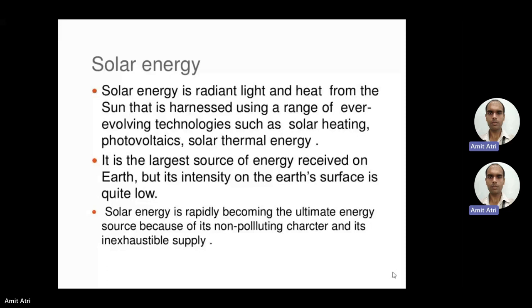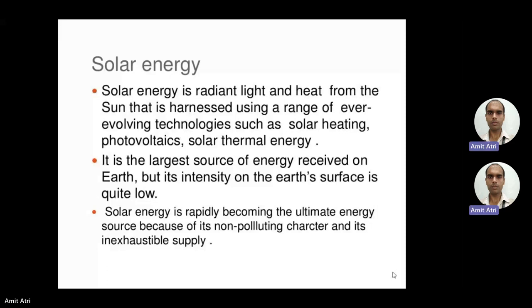This is the radiant light and heat from the sun that is harnessed using a range of evolving technologies such as solar heating, photovoltaics, and solar thermal energy. So we can utilize heat and light from the sun and do some type of useful work.